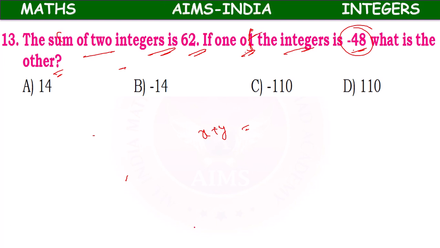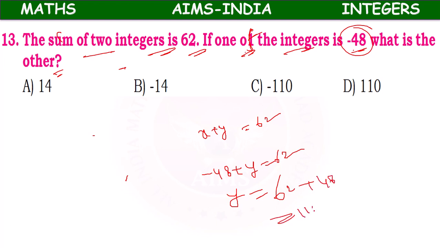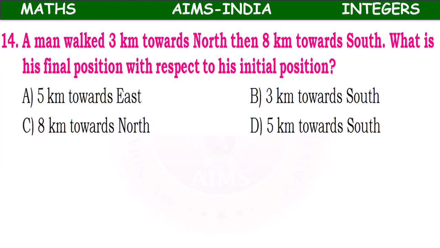One number is minus 48. Suppose x is minus 48, so minus 48 plus y equals 62. Then what about y? Minus 48 will go to the other side. 62 plus 48 equals 110. So 110 is the correct answer, option D.